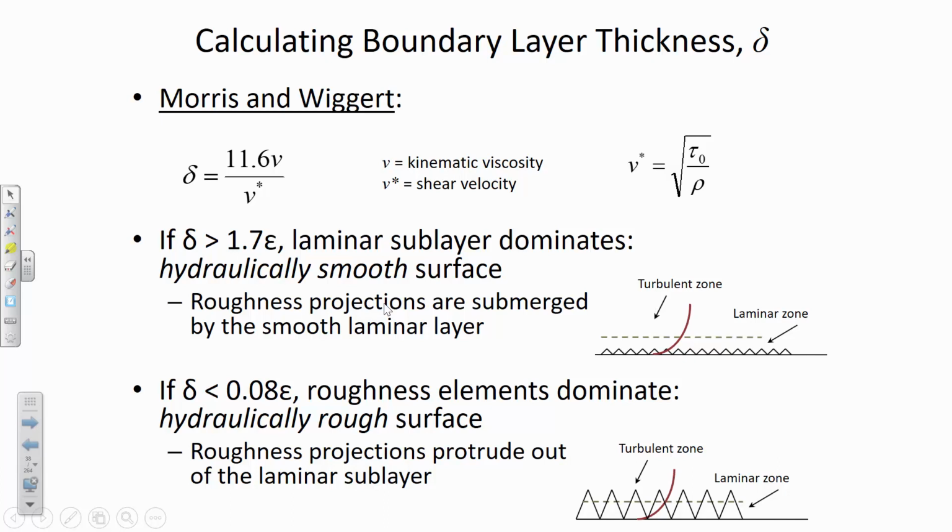We're looking for ways to simplify our calculations, so we'll sometimes start off with a guess on whether conditions are hydraulically rough or hydraulically smooth. It's a way for us, at the beginning, to make an assumption that simplifies all of our calculations, and then we check to see if the assumption is true. So this is just a little bit of the theory that we'll use later on to make it easier to finish calculations.